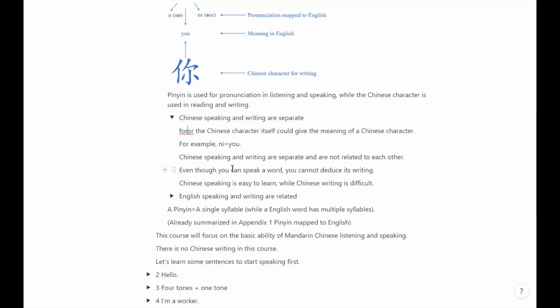Pinyin or Chinese character itself could give the meaning of a Chinese character. For example, ni, the meaning is "you" in English. So Chinese speaking and writing are separate and are not related to each other.